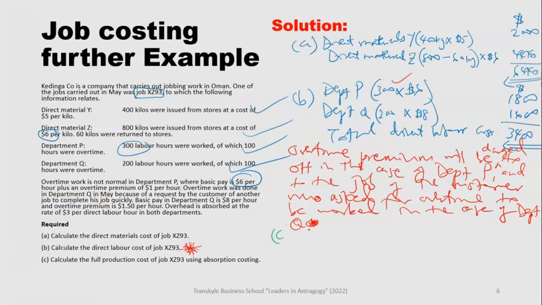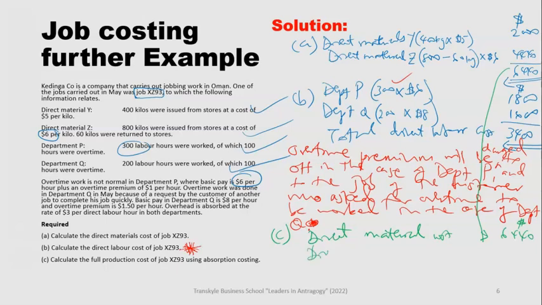So part C, we have already calculated the direct material cost from above, and we just have to slot in the figures. Okay, the material costs there was $6,440. Don't forget to put the dollar sign, and then we have to go to the direct labor.